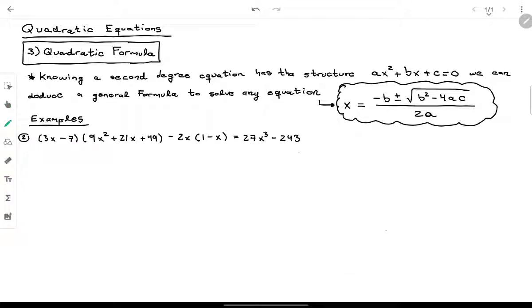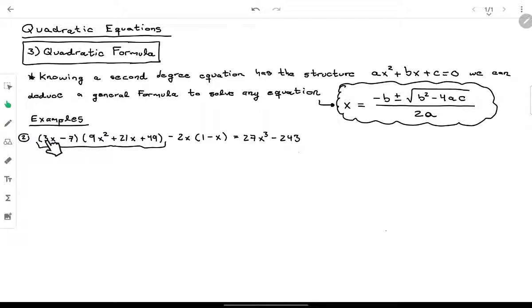So in this example, it's exactly the same. We have parentheses. So first we need to have the structure of an ax squared plus bx plus c equals 0. And after that, applying the general formula to solve the equation. If we remember about special products, this is a binomial times a trinomial special product, because this one is the first one squared.